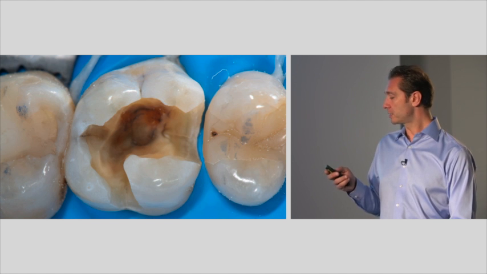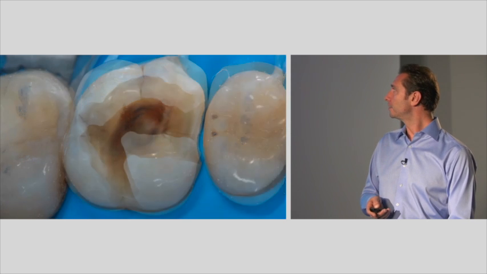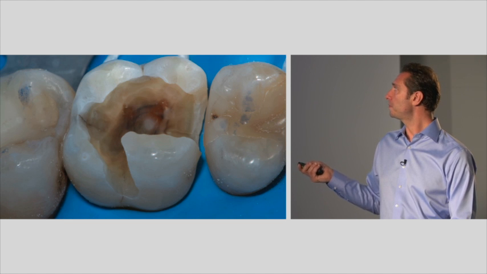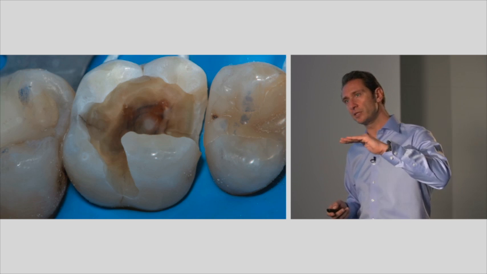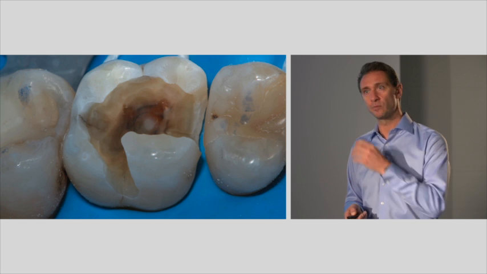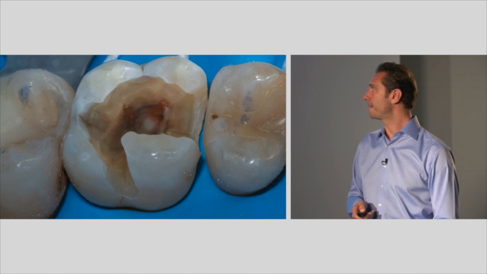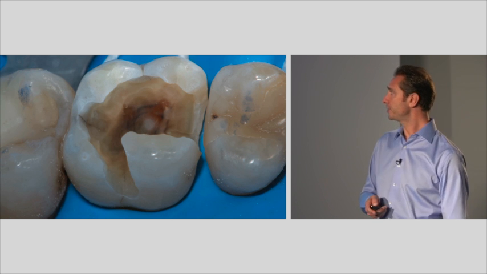So the thickness of the remaining walls is still pretty okay. There is some undermining, but still at the base of the cusp and at mid-height, we still have some dentine mass. So in this case, I would rather, let's say, block out the undercuts and do a good buildup of the restoration.